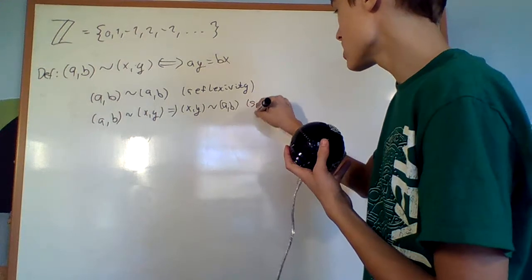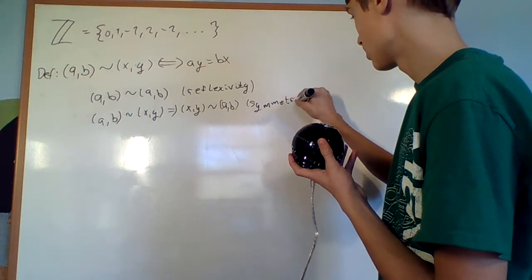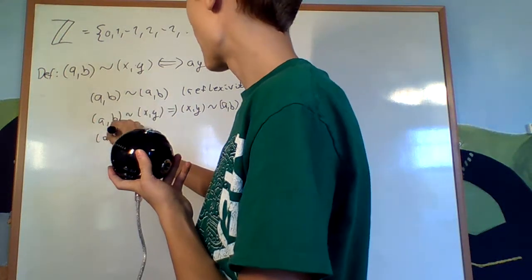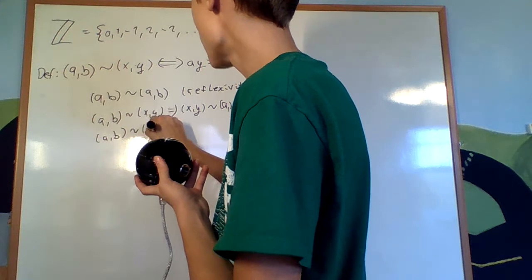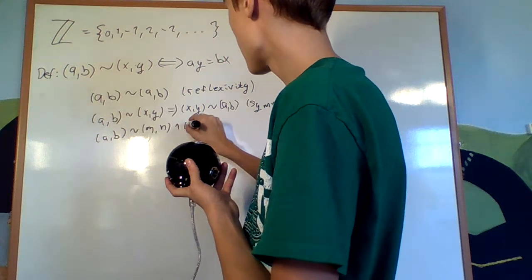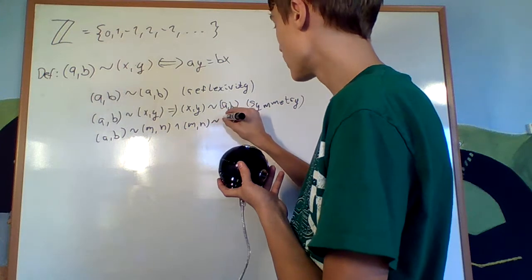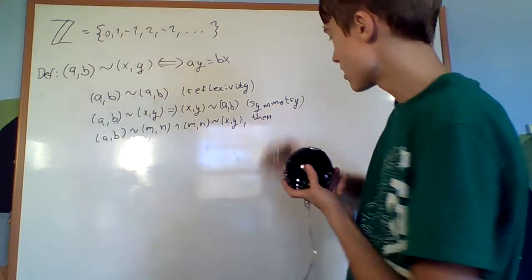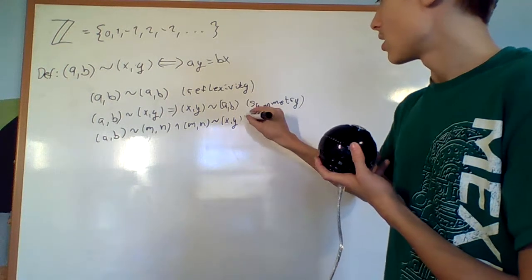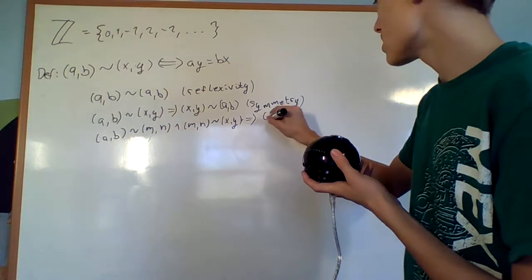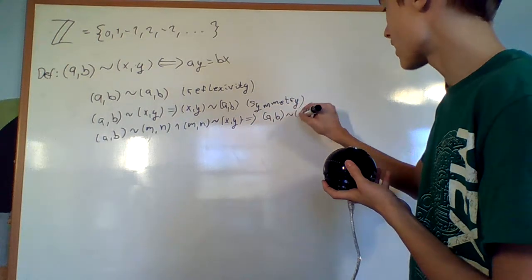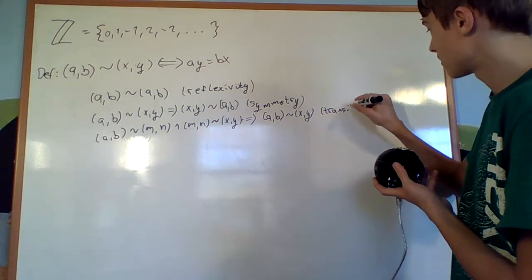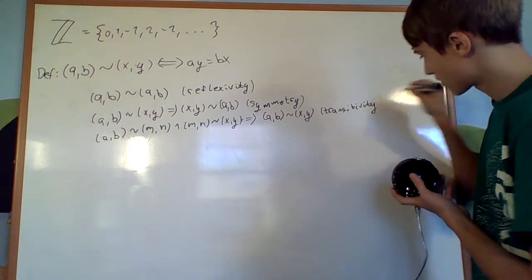This is called symmetry. And another property is that if (A, B) is congruent to (M, N) and (M, N) is congruent to (X, Y), then (A, B) is congruent to (X, Y). This is called transitivity.